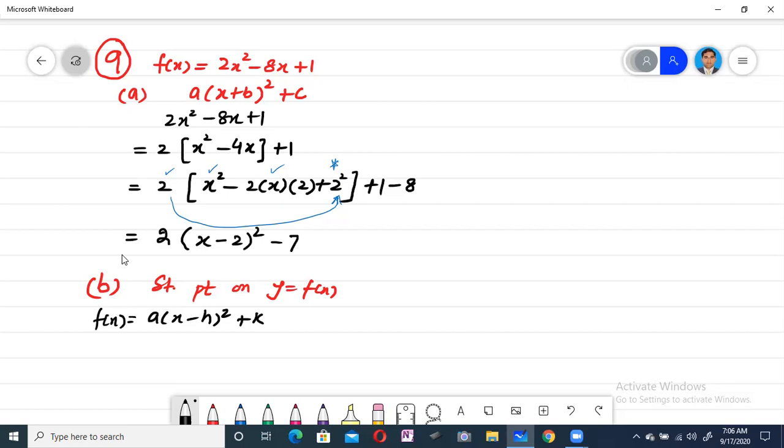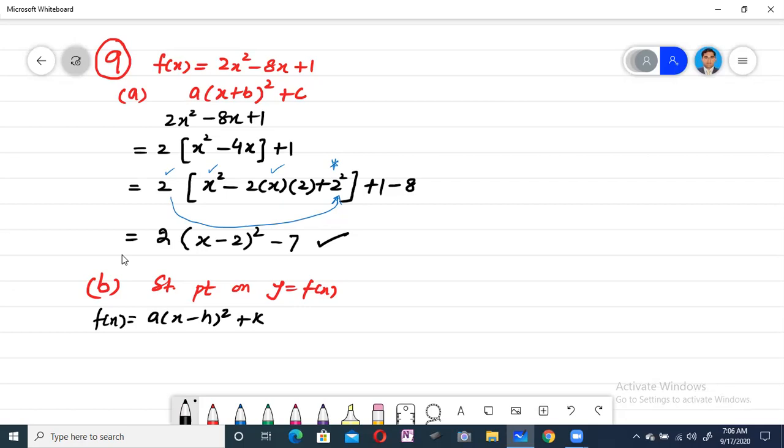Or in the other way, in this last step, the term containing square we will make 0, mean x minus 2 will be 0, x will be equal to 2. Then at that value of x, we will get the value of y. That is also the way to find the stationary point. Okay, we are comparing this with this.